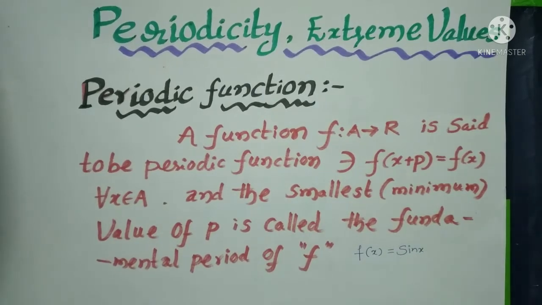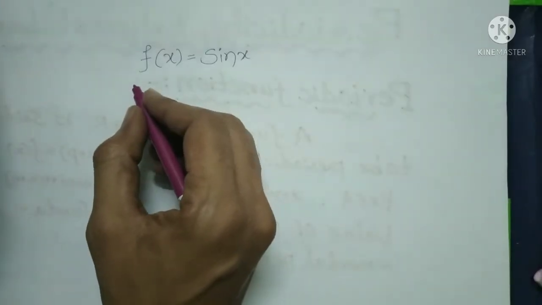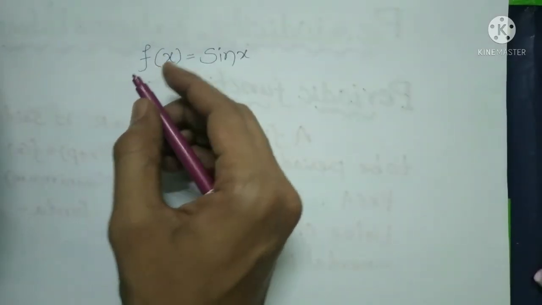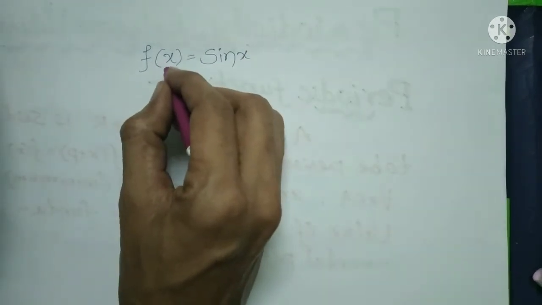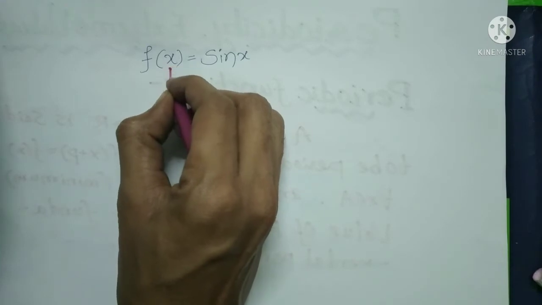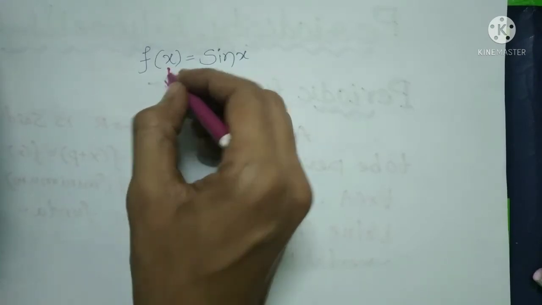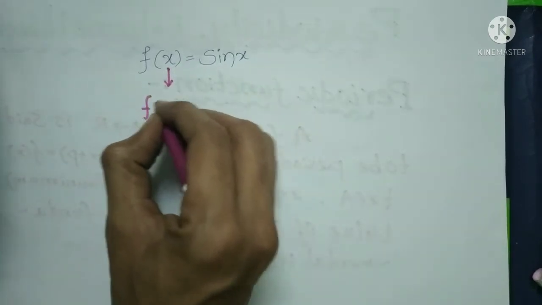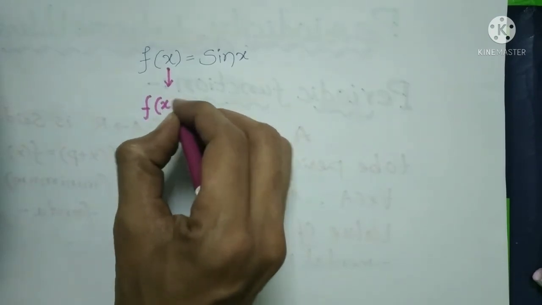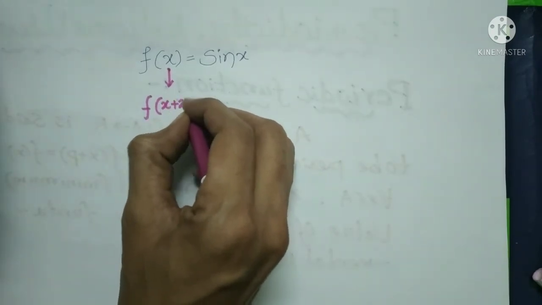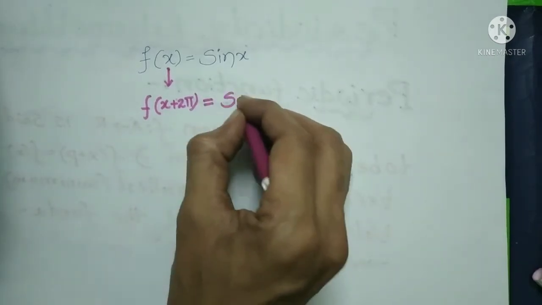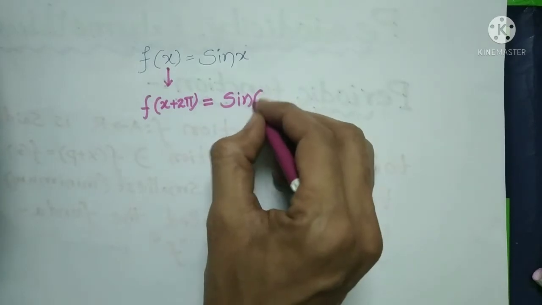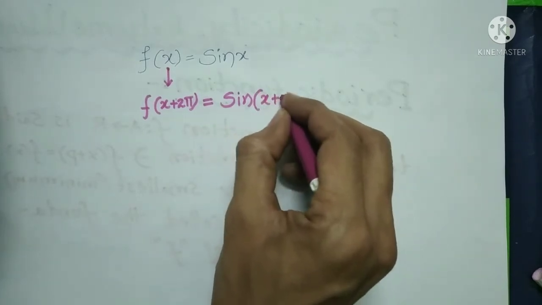So this is our function. Here the function f of x equals sine x. I am substituting x plus 2 pi instead of x. That means sine of x plus 2 pi.